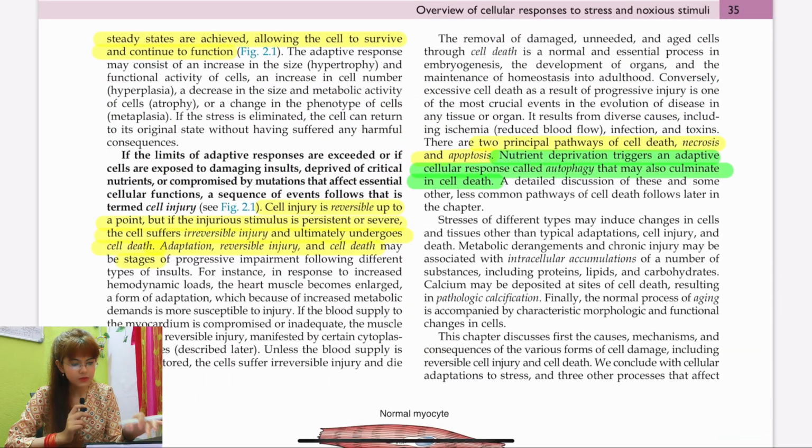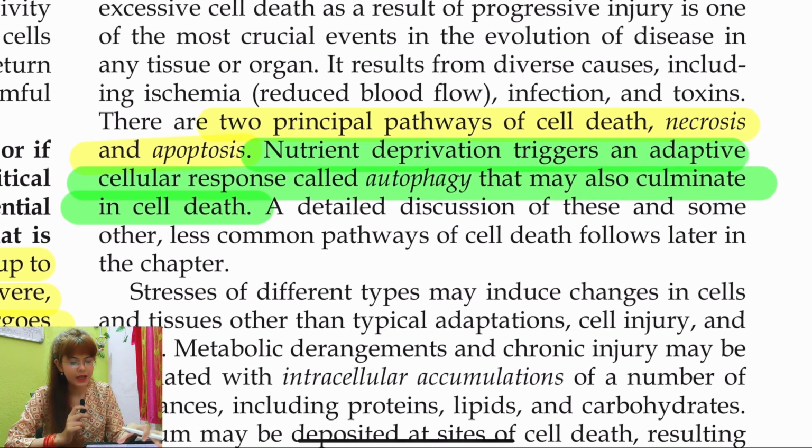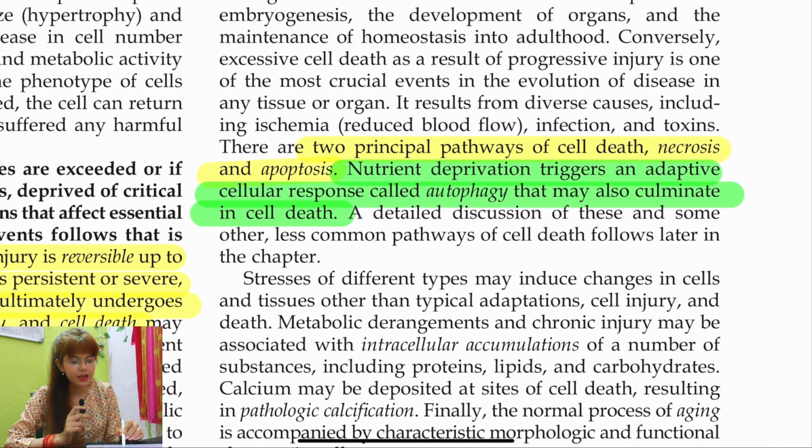Now, there are two principal pathways of cell death: necrosis and apoptosis. Nutrient deprivation triggers an adaptive cellular response known as autophagy, which may also culminate in cell death. This is a very, very important point for your MCQs. If you see the words nutrient deprivation, the answer is going to be autophagy and not apoptosis.